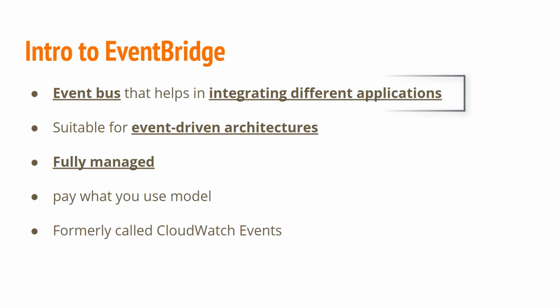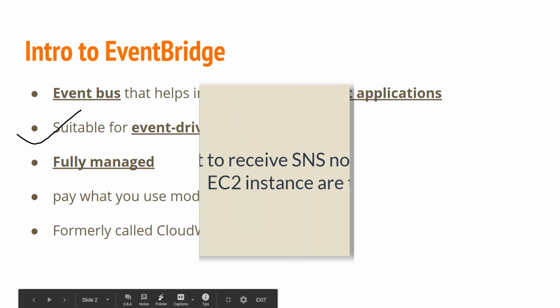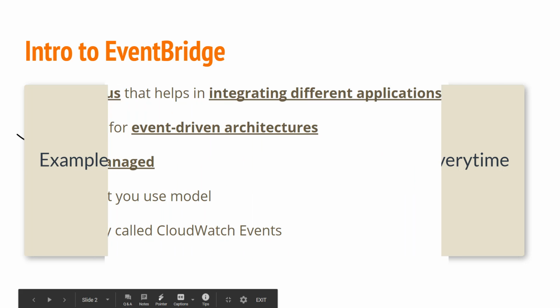EventBridge was created for the same purpose. With EventBridge, you can effortlessly create event-driven architectures. For example, let's say if someone terminates instances in your auto-scaling group, you want to log that action in CloudWatch. So this can be effortlessly done in EventBridge.